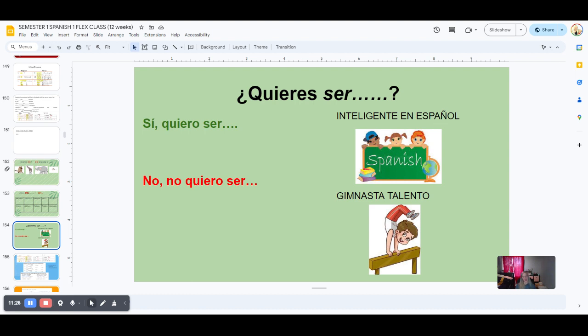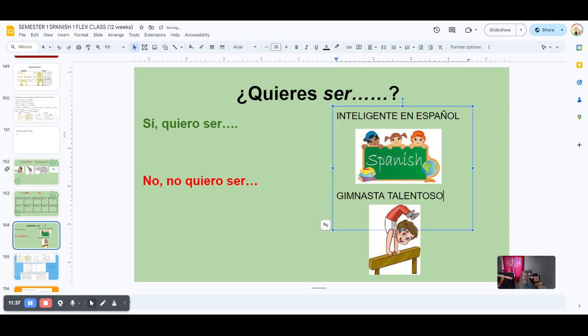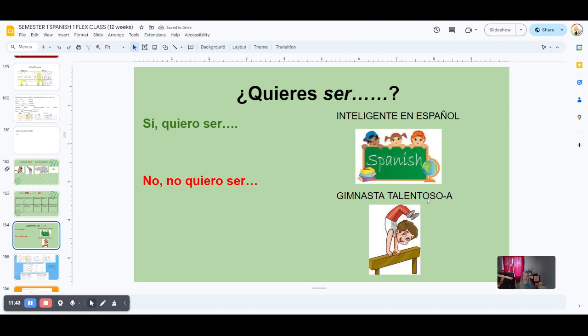You can say sí, quiero ser inteligente en español, or no, no quiero ser gimnasta talentoso or talentosa. ¿Tú quieres ser gimnasta talentoso? Go ahead and reply. Sí or no.